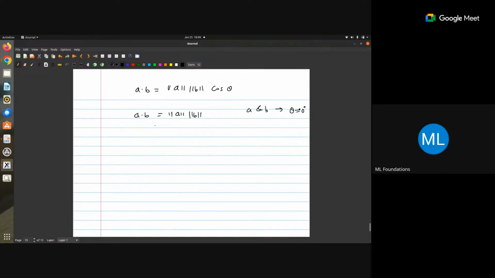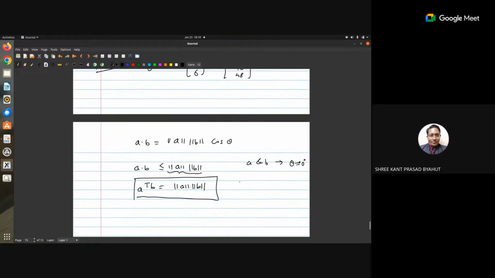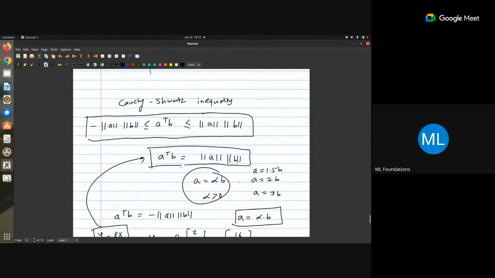So A dot B, that is A transpose B, will be the product of the norms. And if any other angle is there, then the dot product will always be less than that, because the value of cos theta will always be less than 1. It's nothing different, it's the same thing.